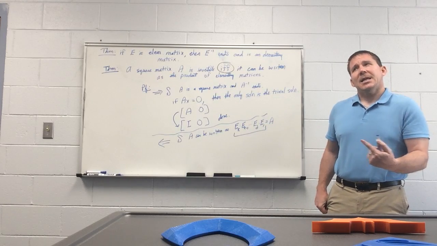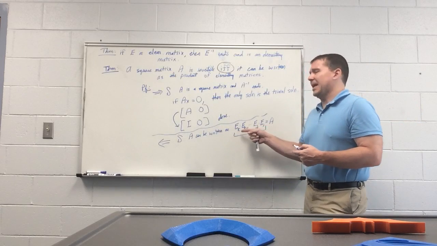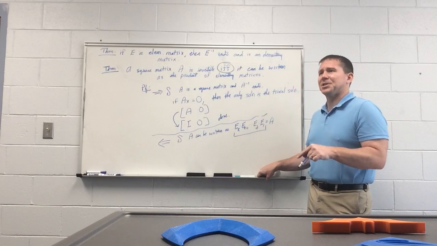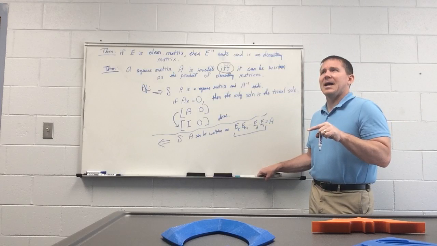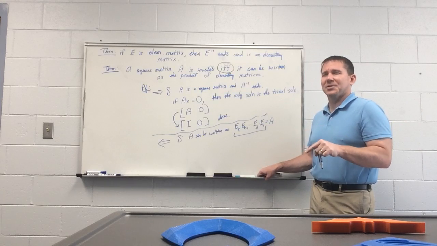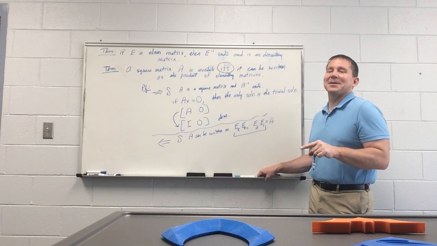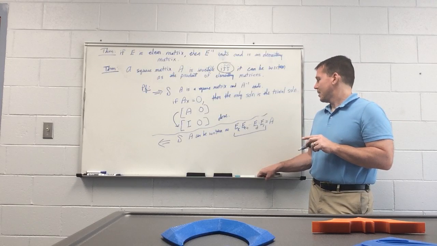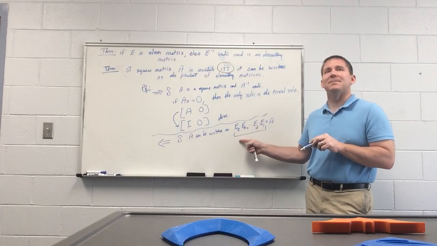And if I multiply the inverse of each of these together, well then by definition, the product of invertible matrices is an invertible matrix, which means A is invertible because this is invertible.